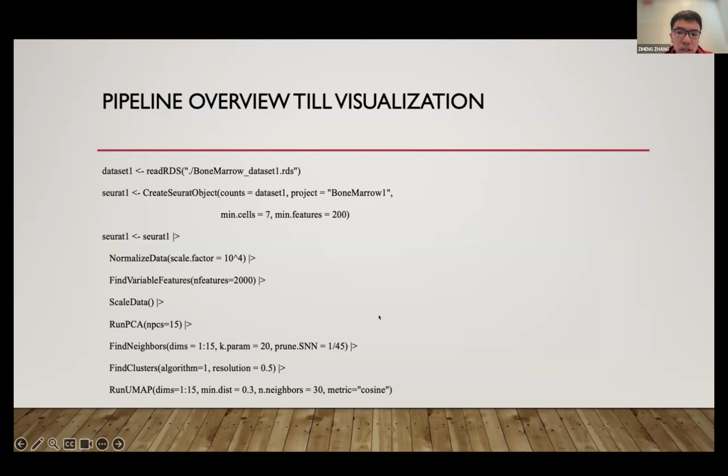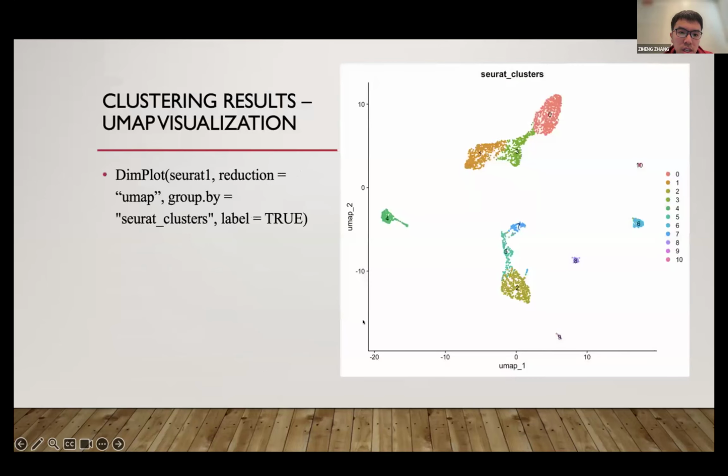I mainly use the UMAP plot to see whether the tuning parameter is better. In the UMAP plot, I observe a total of 11 distinct clusters from 0 to 10. Some clusters like 0 and 1 are large and well separated, which means they may have distinct cell types, but there are also some smaller ones like 6, 8, and 9.